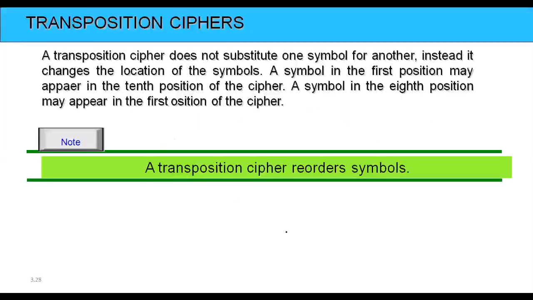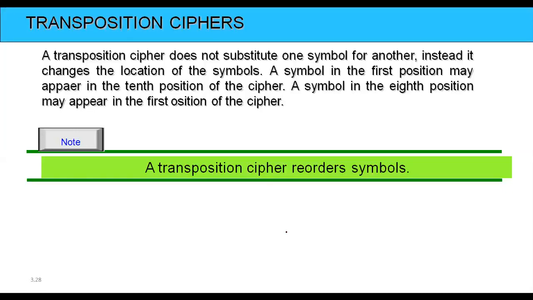Now come to the second category of cipher method, that is the transposition cipher. What we do in the transposition cipher is that we are not replacing any character. We use the same characters of the plain text in the ciphertext, but we change their order.